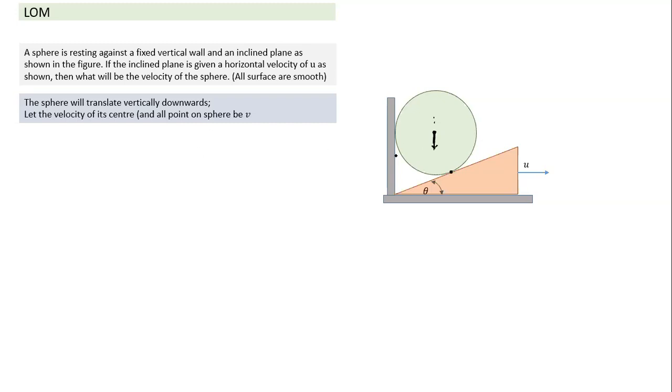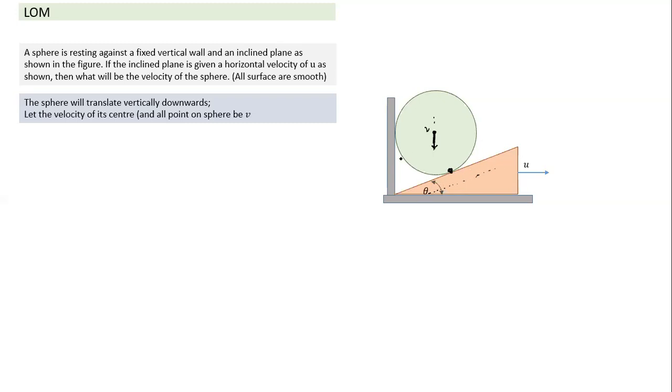Second thing, it will have translation. So if this particular point has a velocity v, every single particle on the sphere will also have the same velocity. Now, this is the point of the sphere which is in contact with the surface. And you notice here, as the inclined plane moves, sometime later the inclined plane may take this kind of shape.